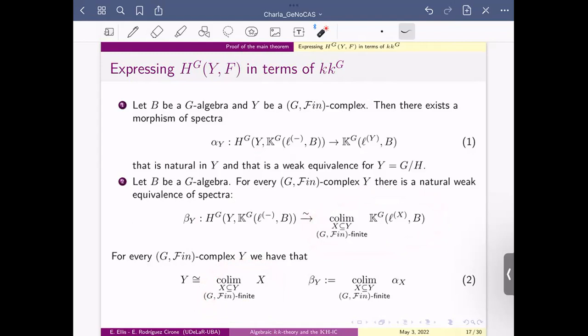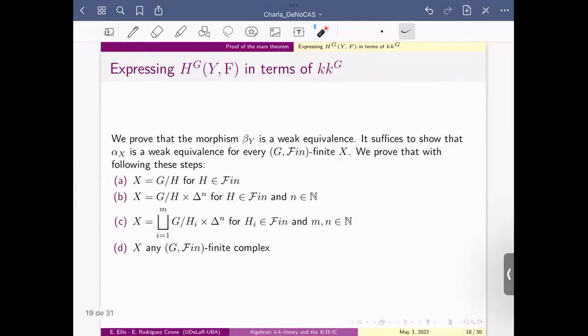The morphisms that we use are the colimits of the alphas defined above. Then we prove that this is a weak equivalence from here to here. Then we obtain what we want in this step.